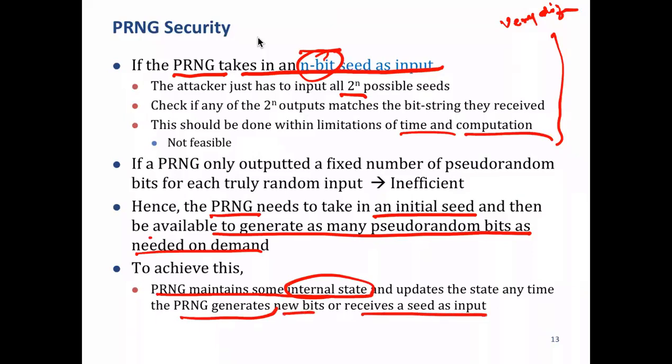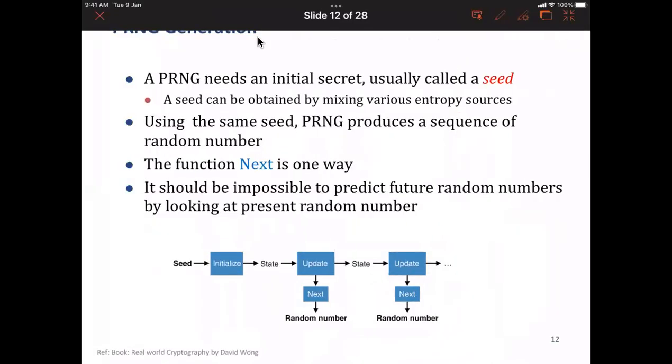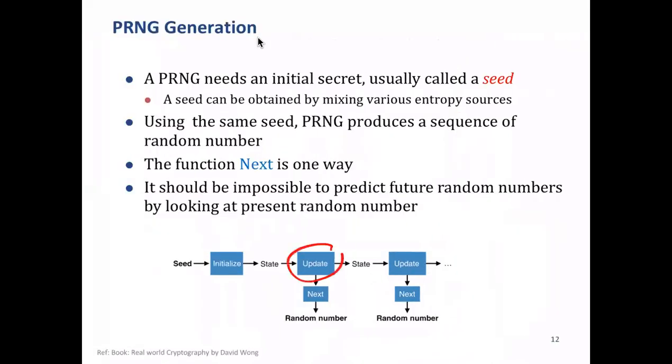So basically, state transition, as we discussed, can happen in two ways. Algorithmically it can go from one state to the next state, or when there is a new seed, which we call reseed.